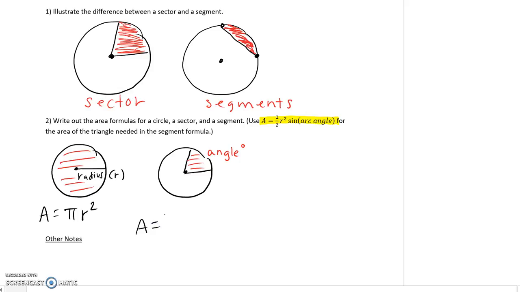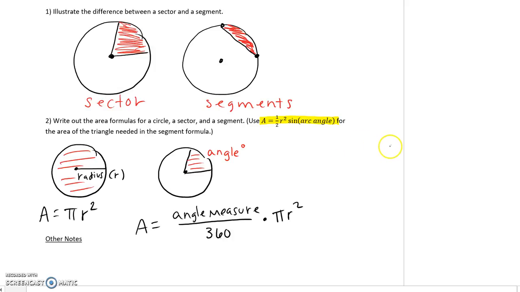It's just we're doing area instead of length. You need the angle measure out of 360 times pi r squared. It's a fraction of the area. Doing the angle measure divided by 360 gives you the fraction or the portion of the circle that you want the area of.